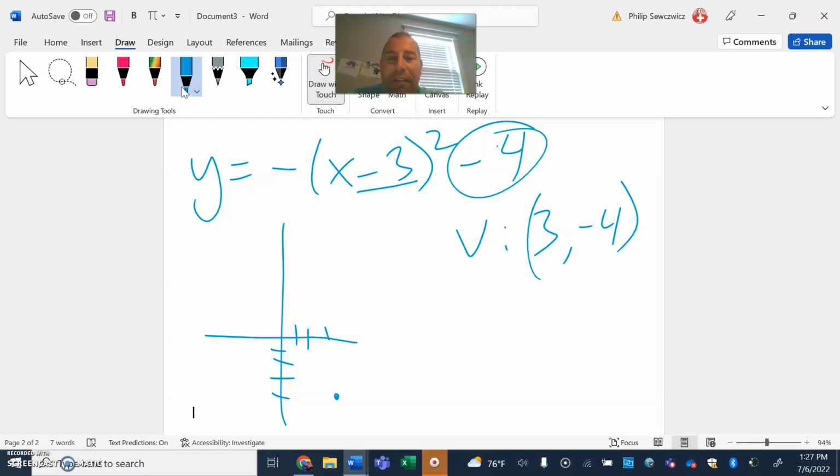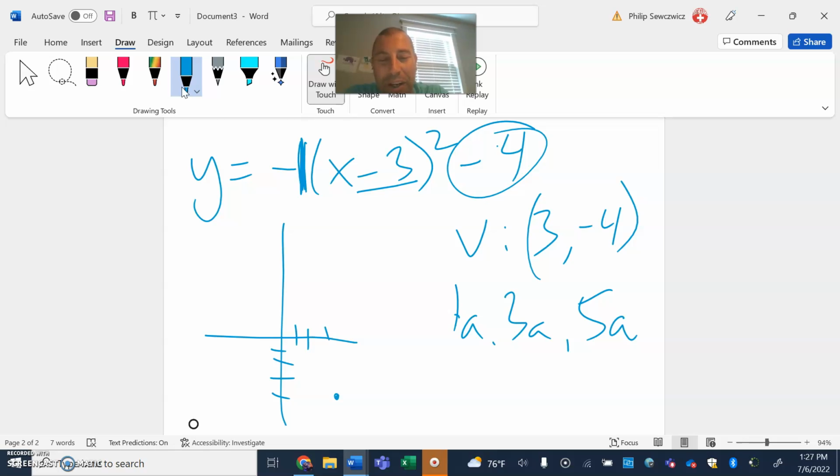It is negative, so it's going to get that upside down looking shape, but I can still do my 1a, my 3a, and my 5a. And we'll see when the negative comes into play here. So 1a, 3a, 5a. So this really is a -1. So 1 times negative. So again, we're going to the right one, but now we're going down 1.